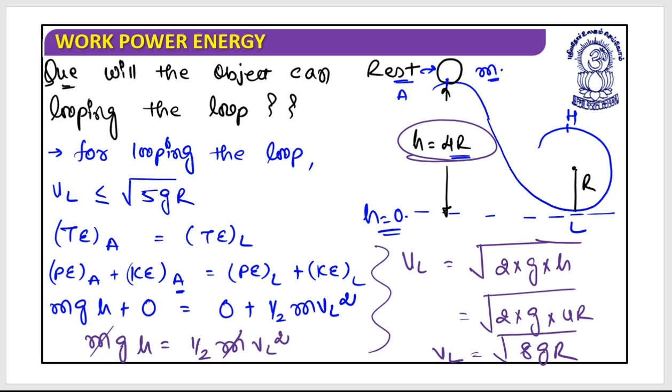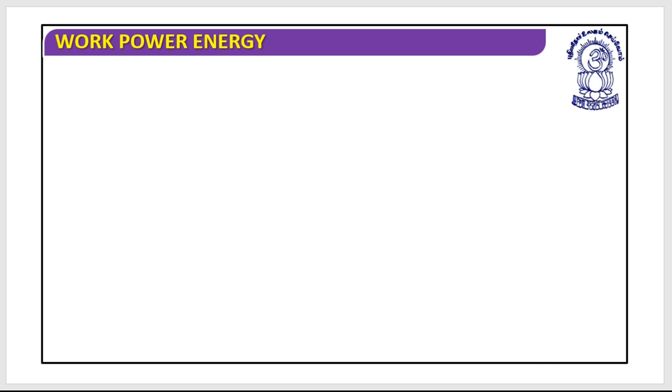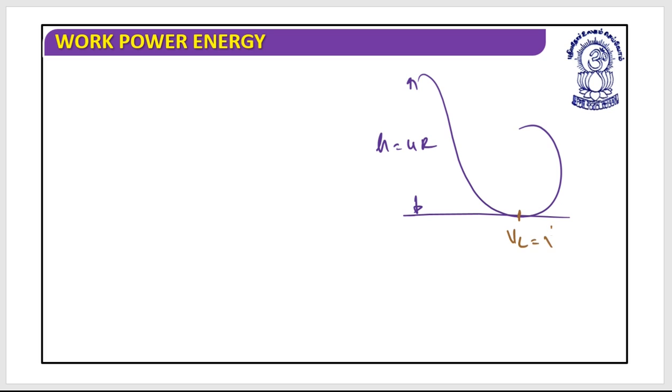So vL is root 8gr, which means my velocity is greater than required, because the velocity required is only root 5gr. So when h is equal to 4r, the velocity at this position, v at L, is equal to root of 8gr.